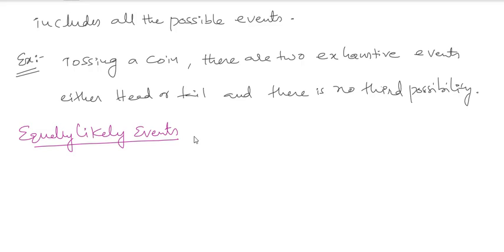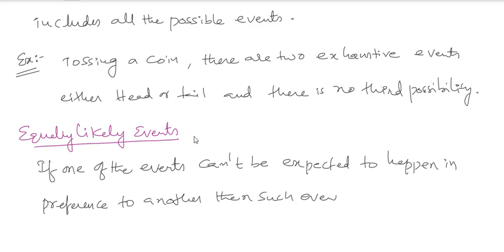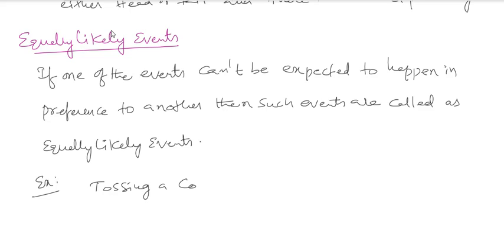Write down that definition: if one of the events can't be expected to happen in preference to another, then such events are called equally likely events.